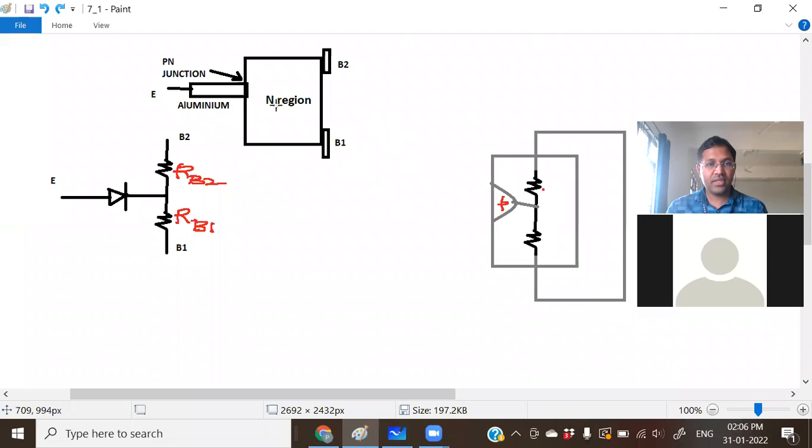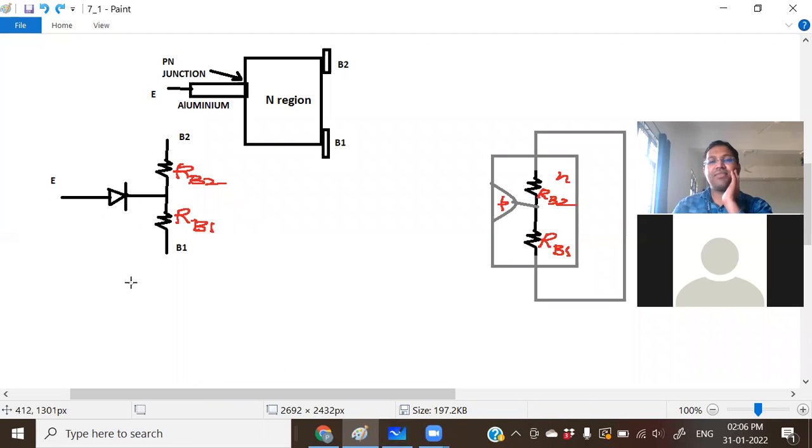A P region here, so we are writing a P region. Then the entire N region we are representing in the form of two resistances, RB2 and RB1.